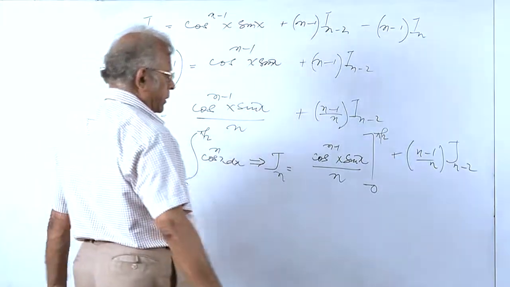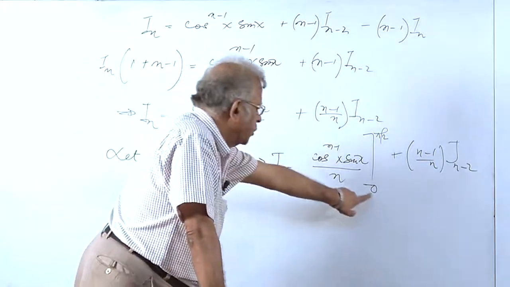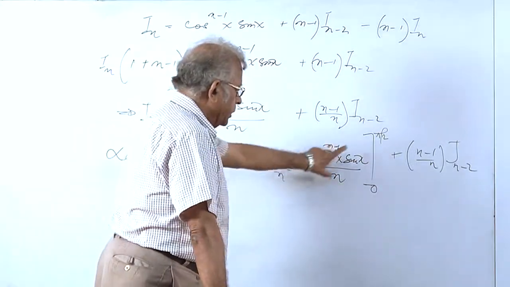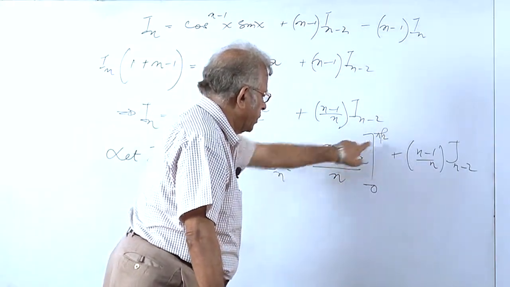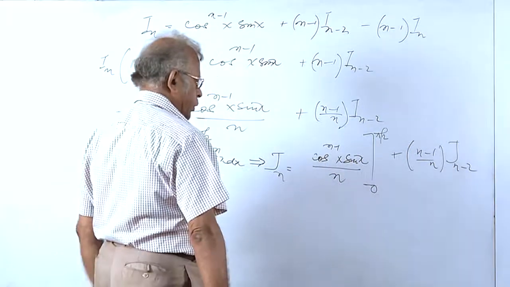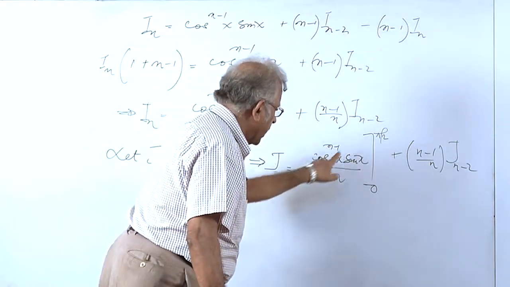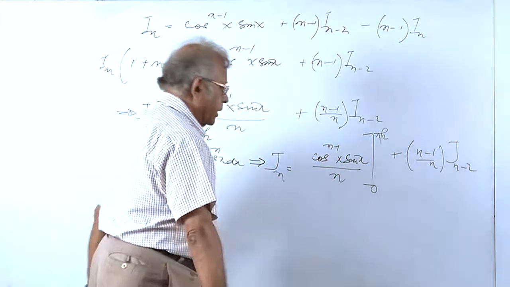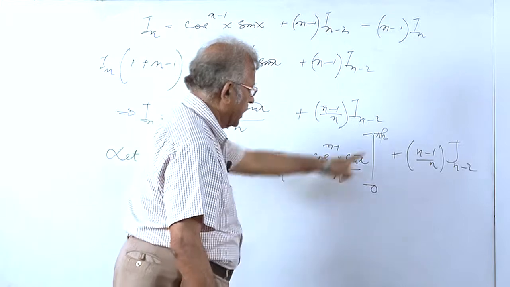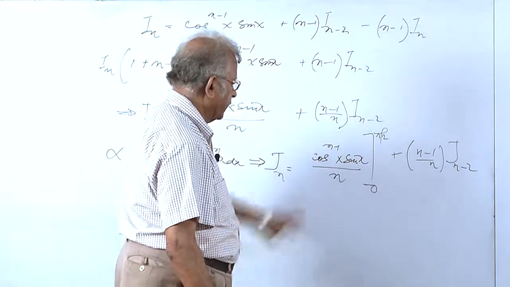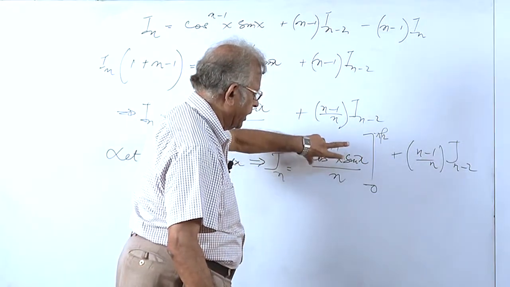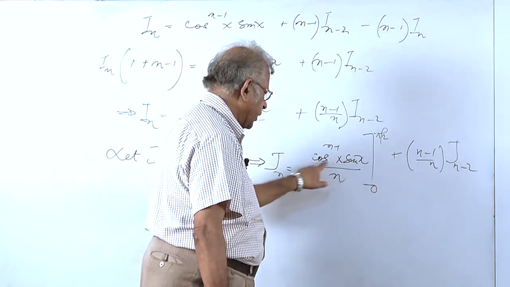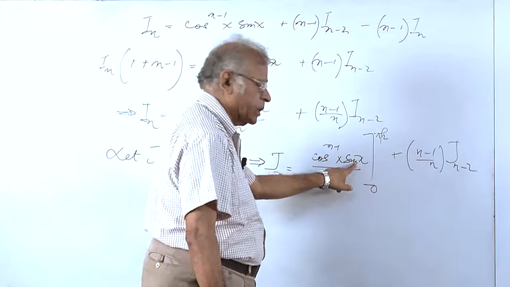Now here we have the first term trapped between two limits 0 and pi by 2. First one is applying a limit of pi by 2 on this expression. The cosine of pi by 2 is 0. The sine of pi by 2 is 1. So the first limit applied here generates 0. The second limit makes this particular factor 1, but the other factor 0.